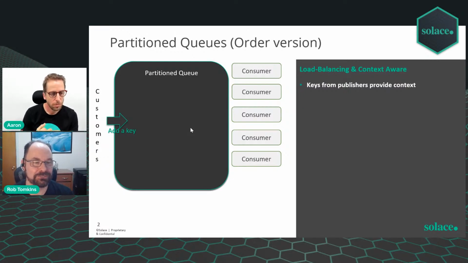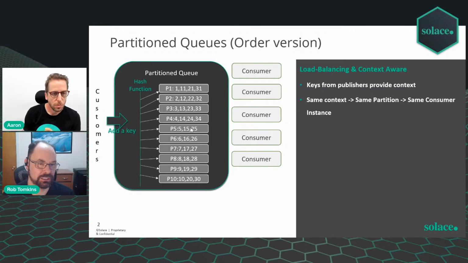I think we're the first broker in the industry to use it in the proper way. Typically, it's just passed along through the brokers to the consumers. But here, we're going to use it to hash into a partition. So the next step is you take a hash, and the hash will determine what partition that message gets put to.